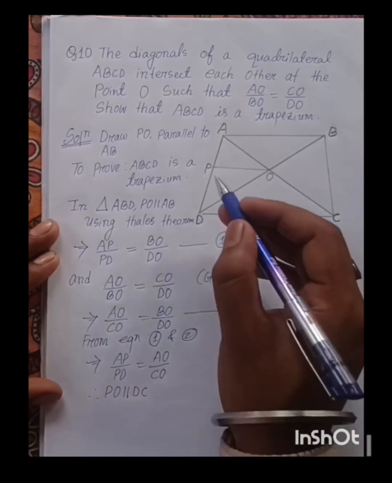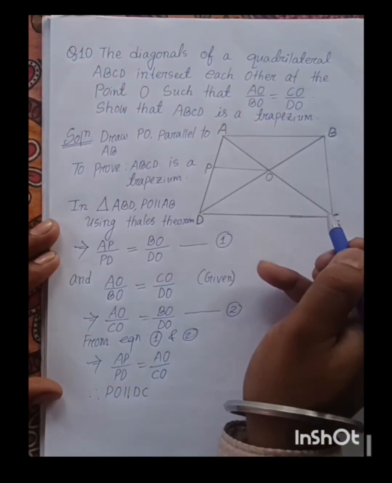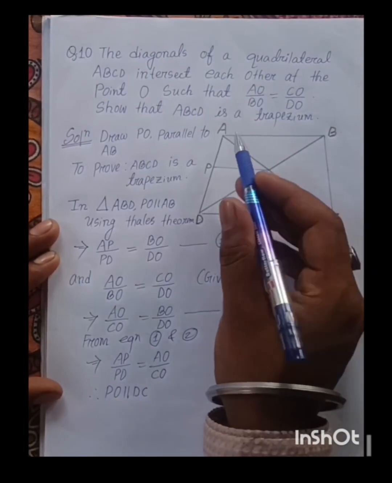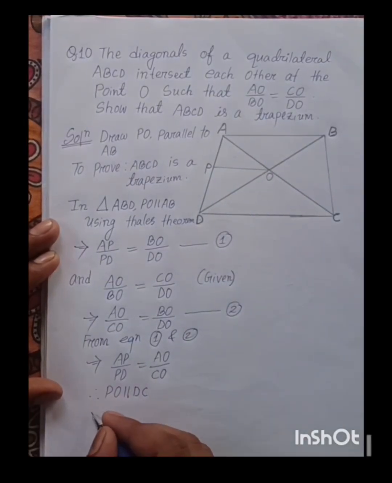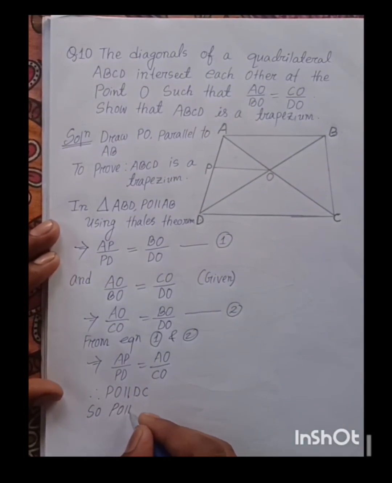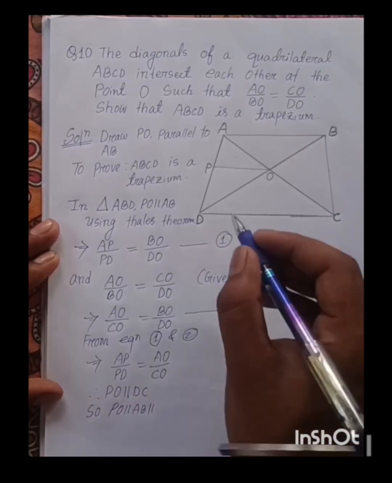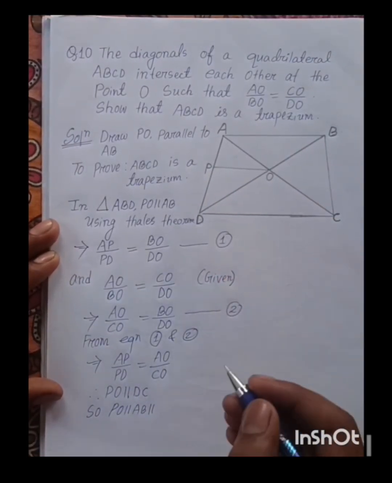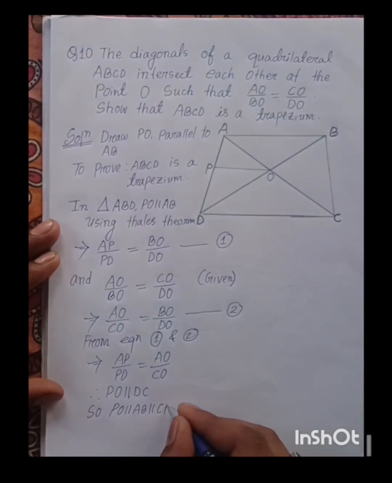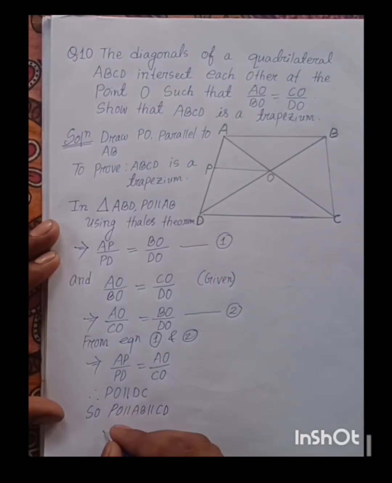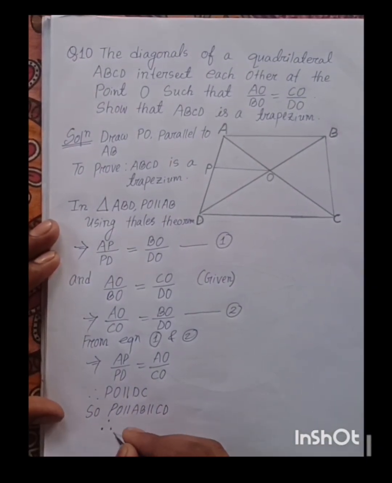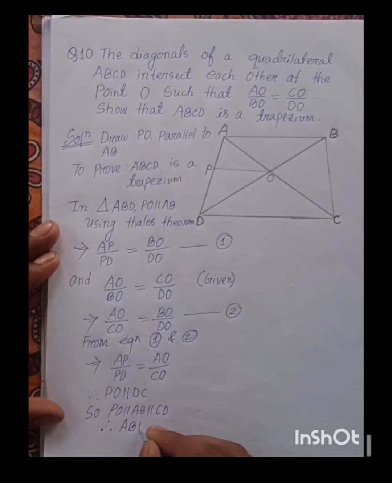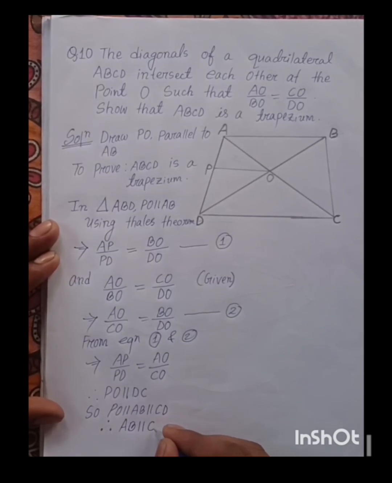And if PO is parallel with DC, then I can write PO is also parallel with AB, or I'll write directly PO parallel with AB, or PO is parallel with CD also I can write here. So from here I can write therefore AB parallel with CD.